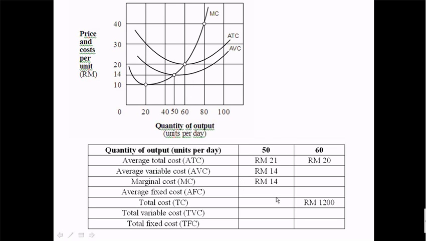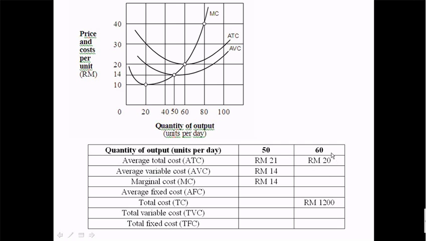In this table we have average total cost, average variable cost and marginal cost given for 50 units of output, and then for 60 units we only have average total cost, and this is total cost. First of all, we can see that the average total cost is 20 ringgit per unit.